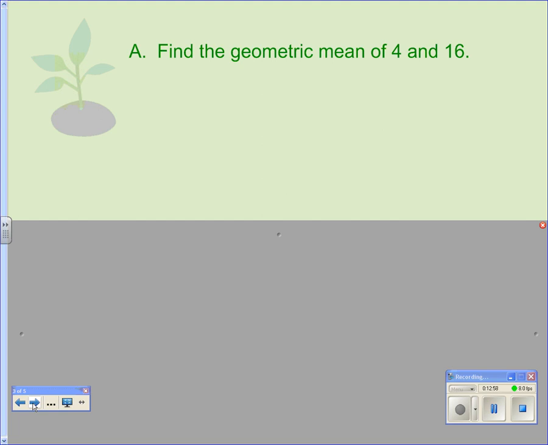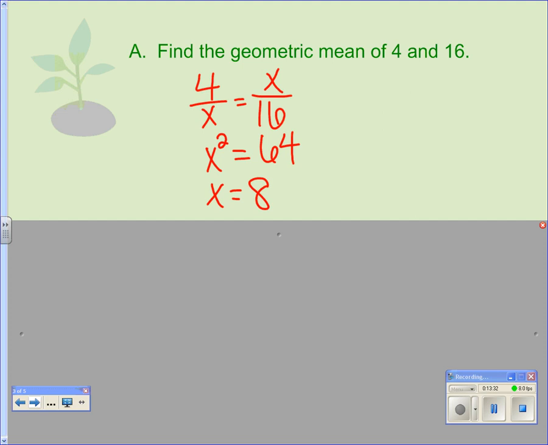Anybody else get 8? What are our A and our B? It doesn't matter which one's your A and which one's your B. Does that make sense? And so x squared would equal what? And so what would x equal? You see how that works? Any questions there?